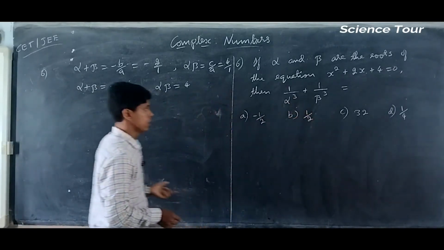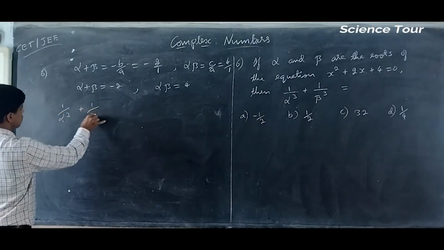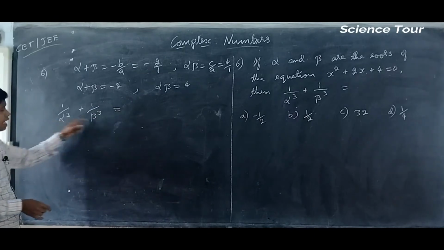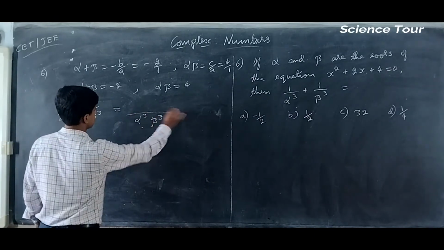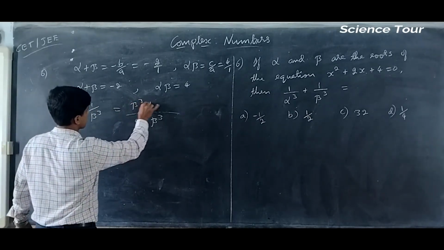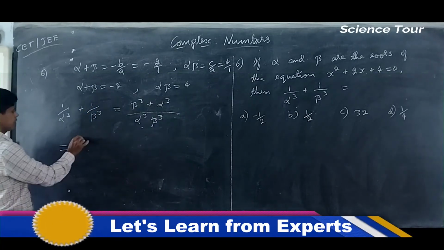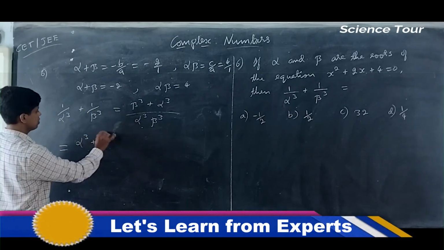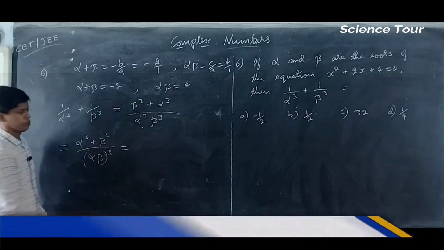Let's see. So this is 1 by alpha cube plus 1 by beta cube. Take the LCM. What is the LCM? Alpha cube beta cube, and beta cube is multiplied here, and alpha cube is multiplied there. That's alpha cube plus beta cube divided by alpha beta the whole cube.